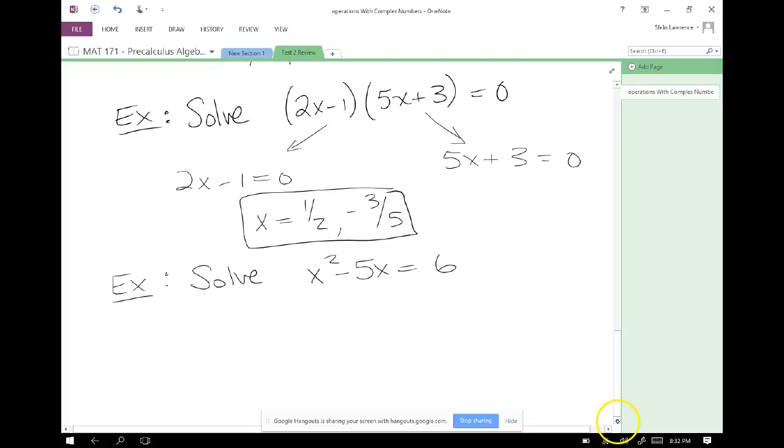I will go through this one with factoring, but then I'm going to move on to a different method. Factoring only works if it's equal to 0. So you would have to move the 6 over. So that's a positive 6, so to move it over, I'm going to subtract it over.